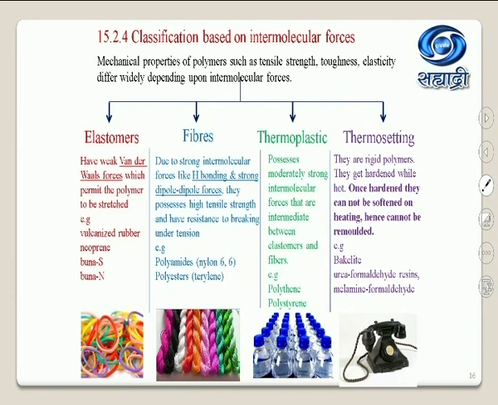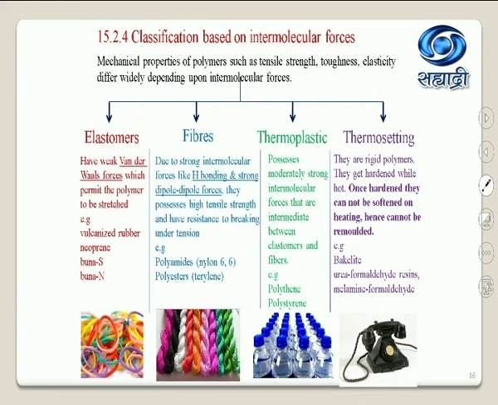Here I have shown rubber bands, which have the property that they can be stretched, and this stretching of a rubber band is only due to the weak van der Waals force of attraction between two molecules. Now fibers. Due to strong intermolecular forces like hydrogen bonding and strong dipole-dipole forces, they possess high tensile strength and have resistance to breaking under tension.